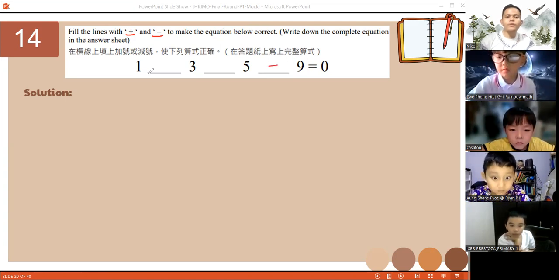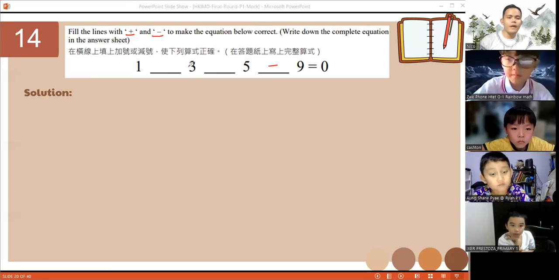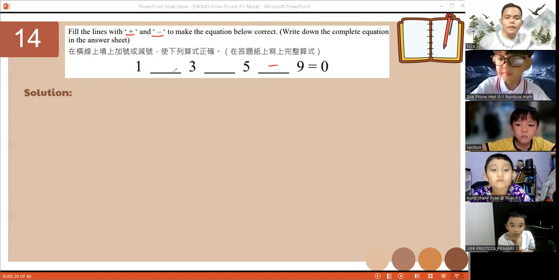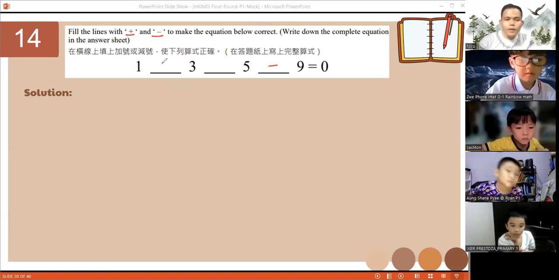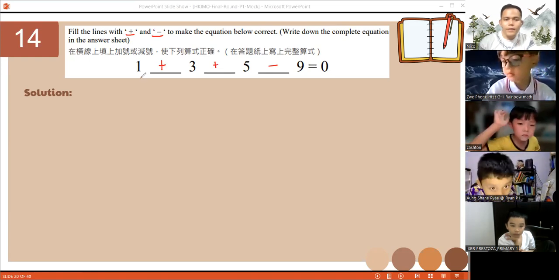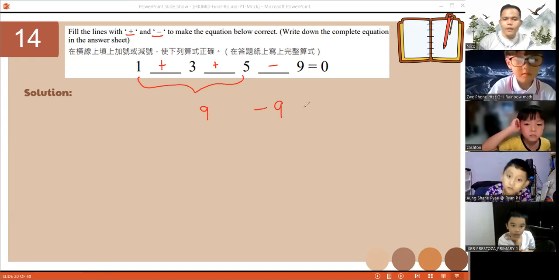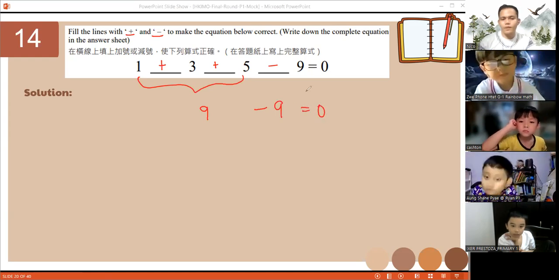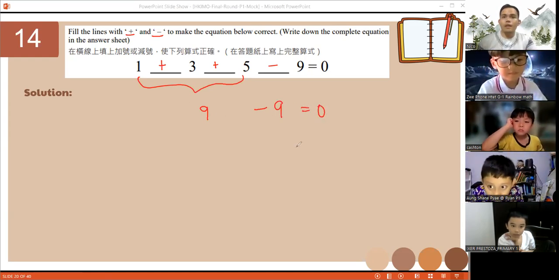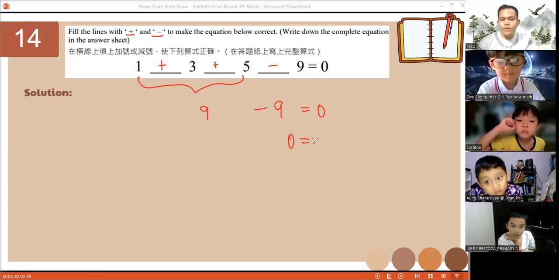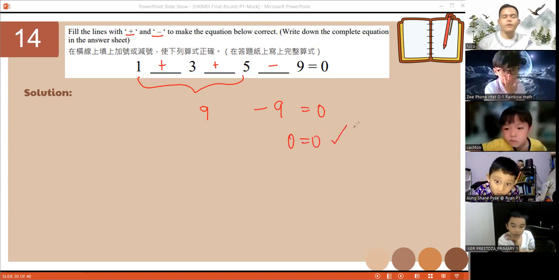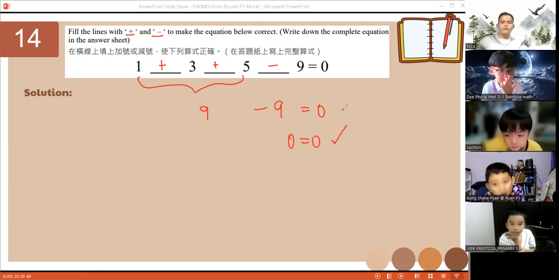If you notice, if you have 1 plus 3 plus 5, you will get 9. So you need to add the three numbers, which is 9, and then minus 9, we will get 0. So 9 minus 9 is equal to 0, so 0 is equal to 0. We check the answer.